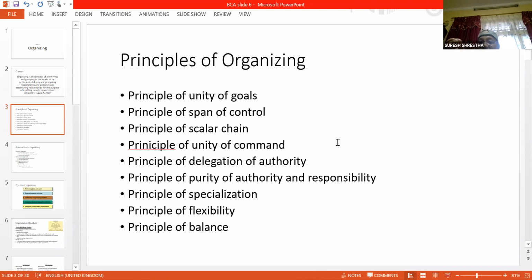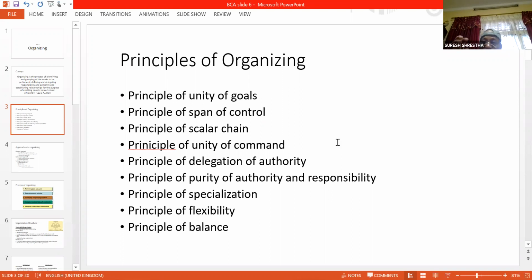And principle of flexibility. People should have flexibility in the activities that they perform. If everything is very mechanistic and very rigid, then the activities can go wrong if you cannot use any flexibility.